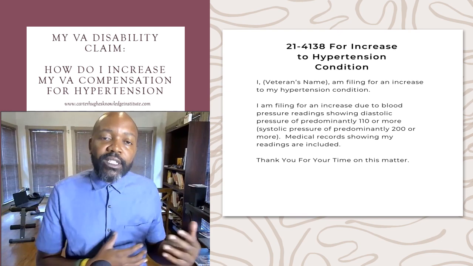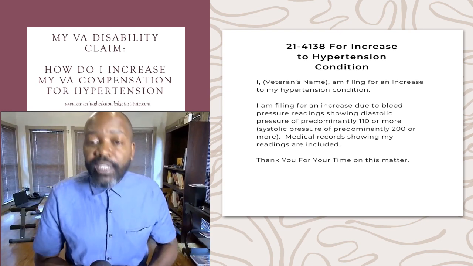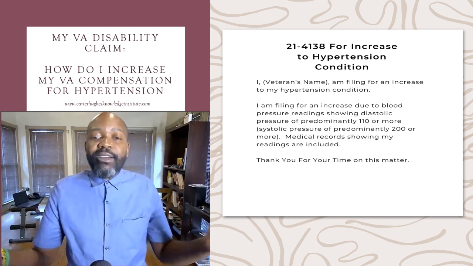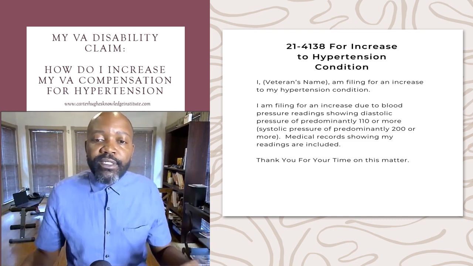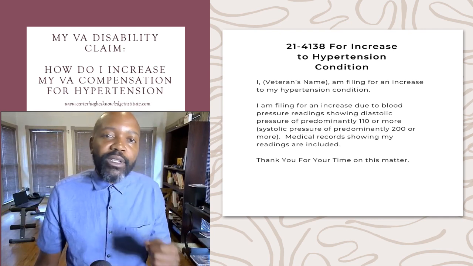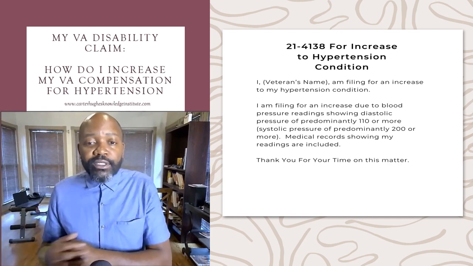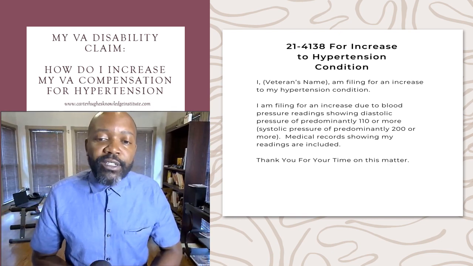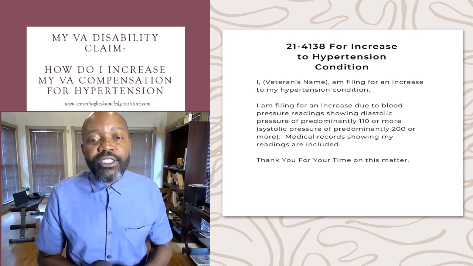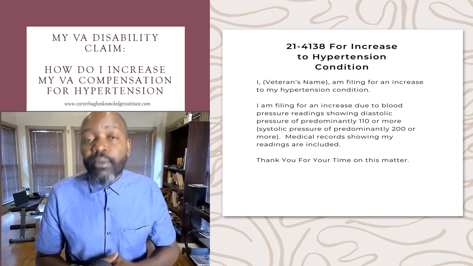All you'd have to do is include your blood pressure readings with the package when you send it up there, and then you can just lay it out like this. I'm filing for an increase due to blood pressure readings showing diastolic pressure of predominantly 110 or more, if that's the case. And if it's the systolic pressure, it would be: I'm filing for an increase due to blood pressure readings showing systolic pressure of predominantly 200 or more.